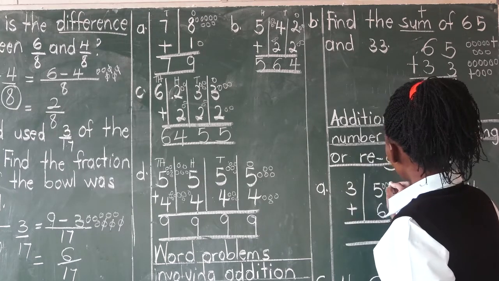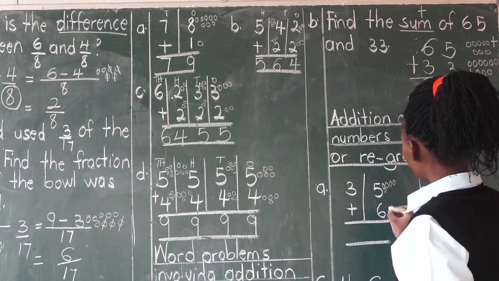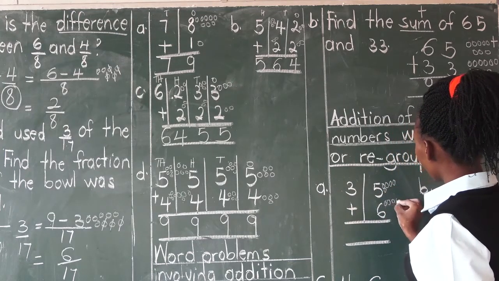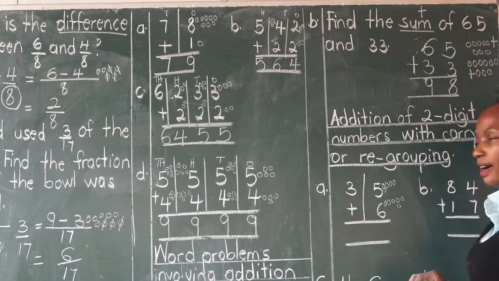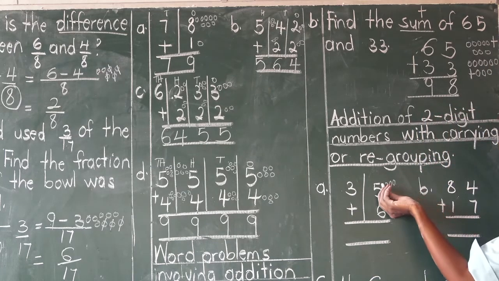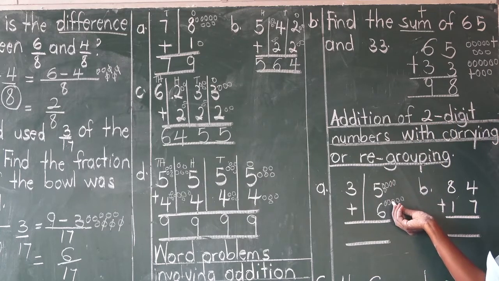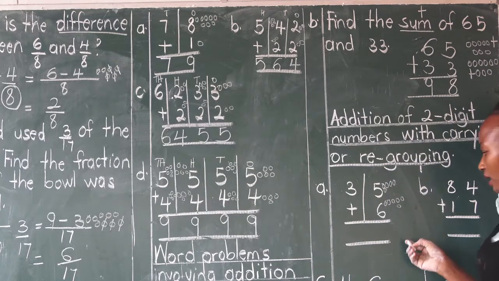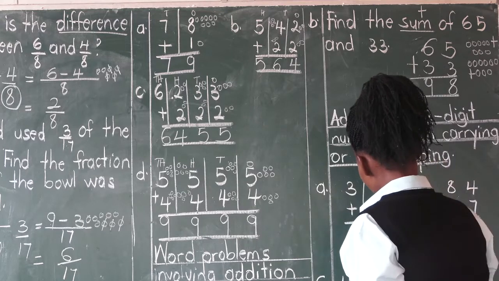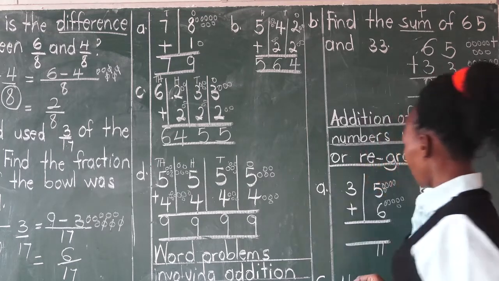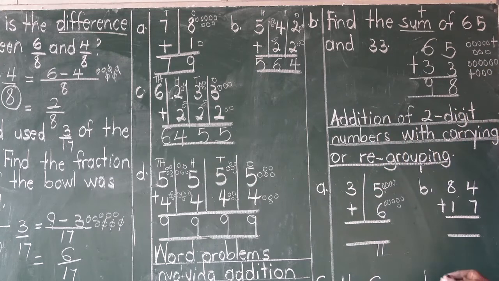1, 2, 3, 4, 5. 1, 2, 3, 4, 5, 6. Now let's put them together. 1, 2, 3, 4, 5, 6, 7, 8, 9, 10, 11. We've got 11. But we are not going to write this number 11 here.